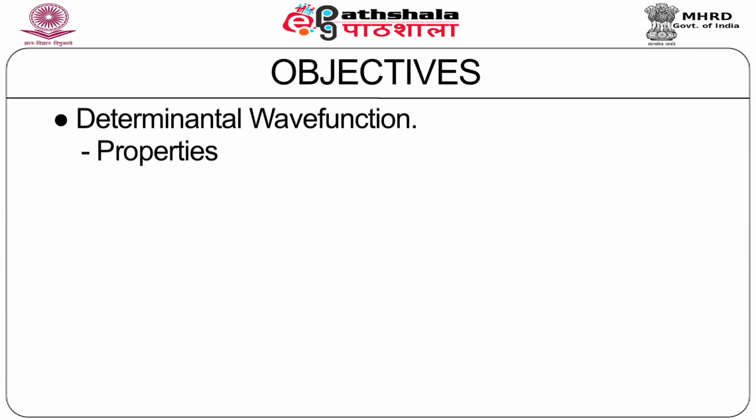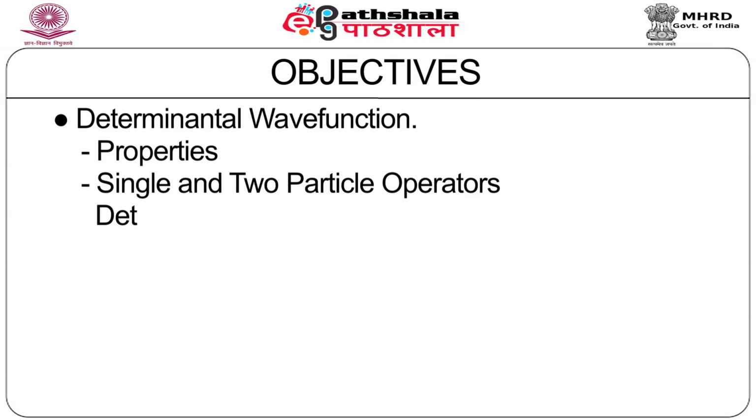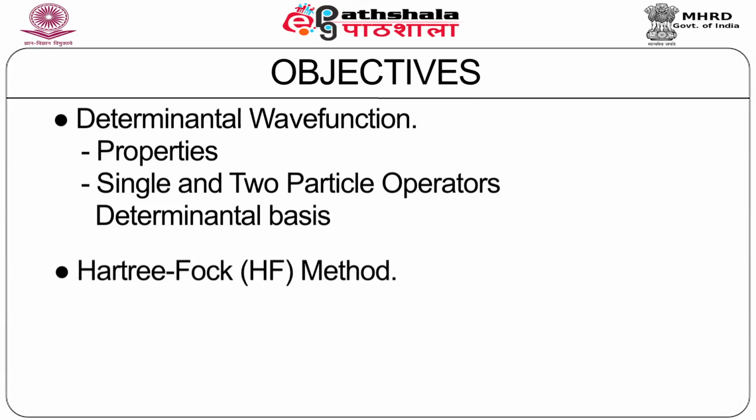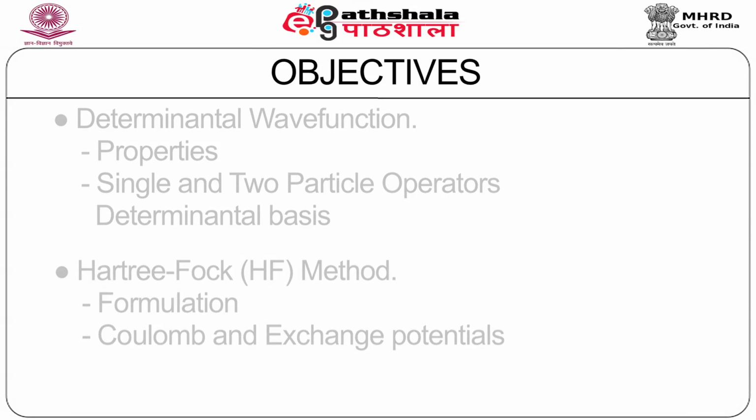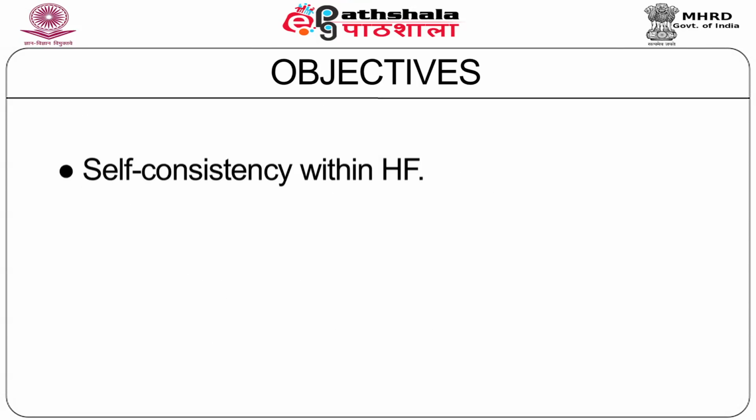We will discuss the properties of the determinantal wave function and the matrix elements of the single and two particle operators in the determinantal basis. Following this, we will discuss the Hartree-Fock method. We will discuss its formulation and in particular the Coulomb and exchange potentials. After that, we will talk about the self-consistency and the expression for total energy within the Hartree-Fock scheme.